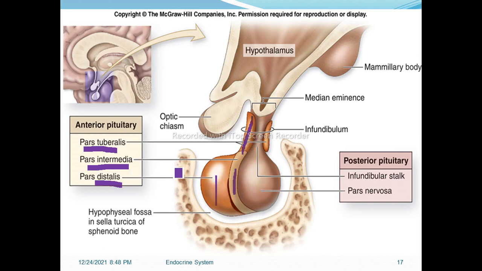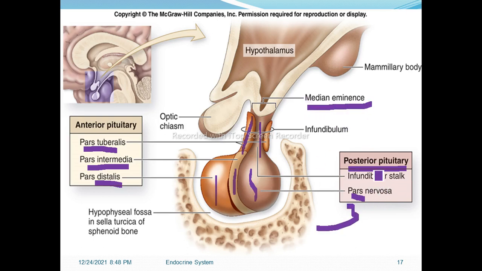These three parts are found in the anterior pituitary. Similarly, the posterior pituitary is also divided into three. The larger part here is known as pars nervosa. The other is the infundibular stalk. The third, which is not mentioned here, is the median eminence.